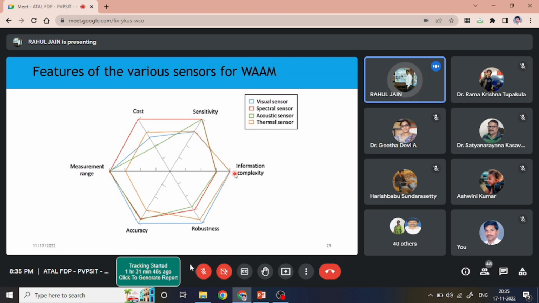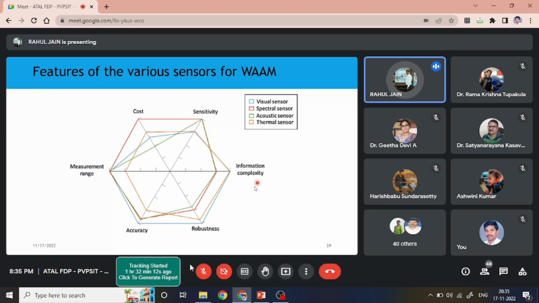Information complexity, again it can capture, because molten pool dynamics will be a function of temperature, and temperature you are capturing using the thermal sensor. Thermal sensor can also give you some information about defect. Thermal sensor can also give you some information about change in the metallurgical phenomena, mostly microstructure.